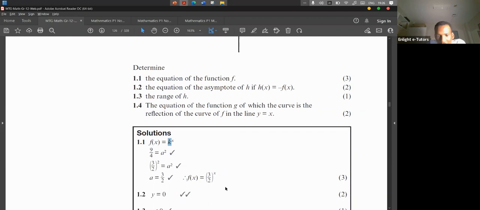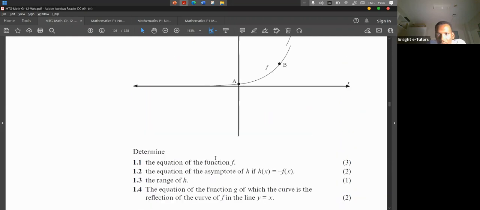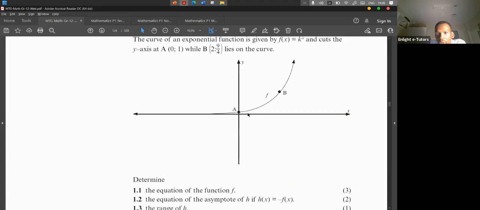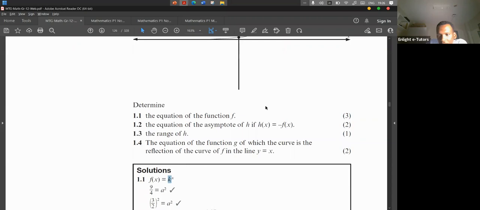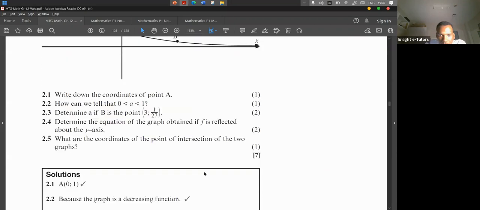The asymptote is still going to be 0, because we just times it by negative, which is more like you just change the way it shapes.